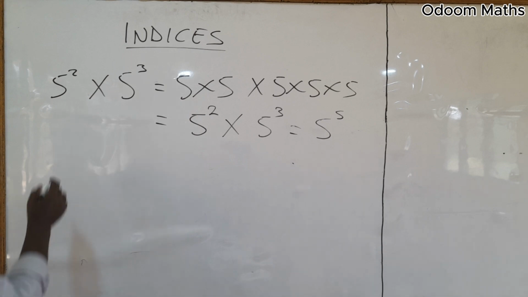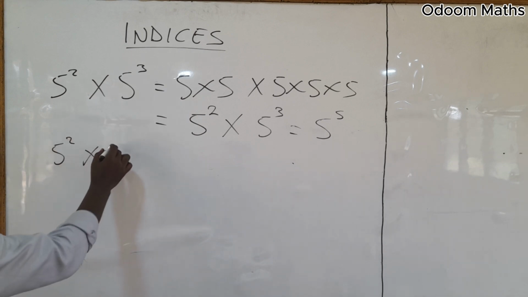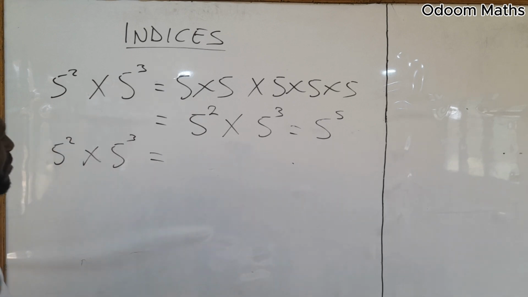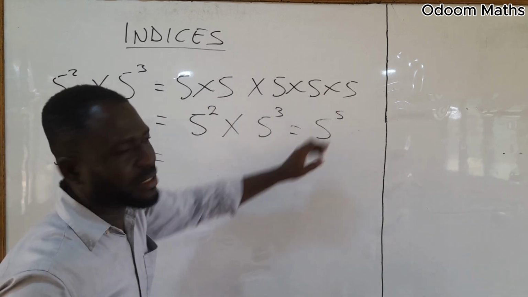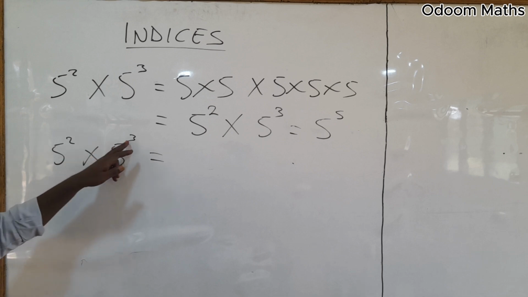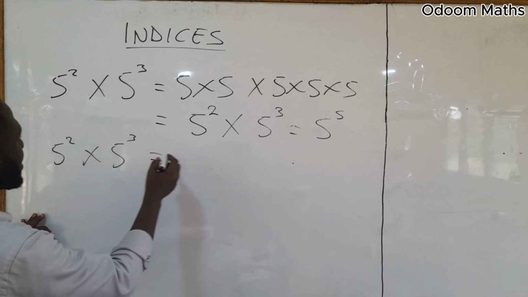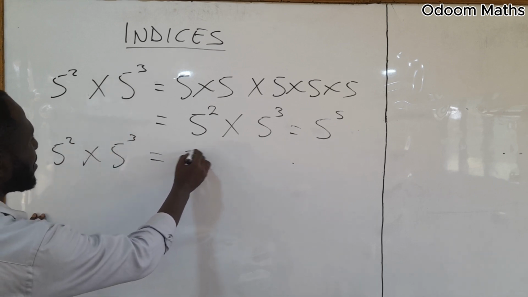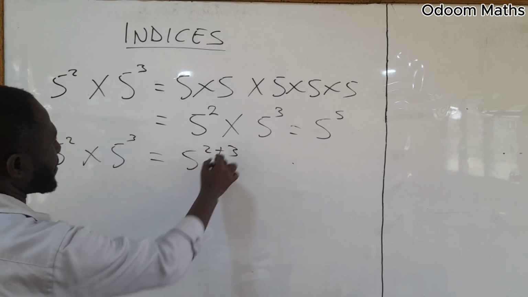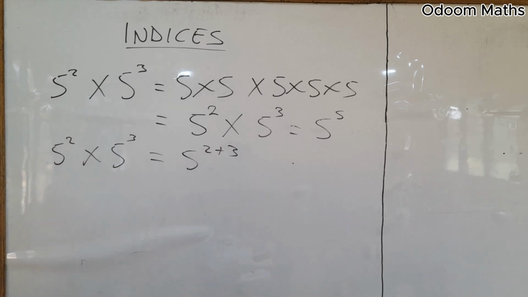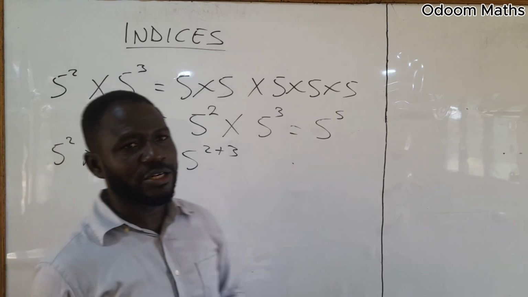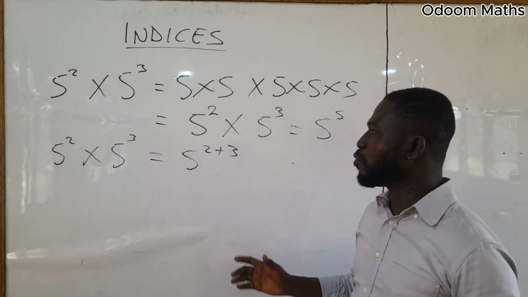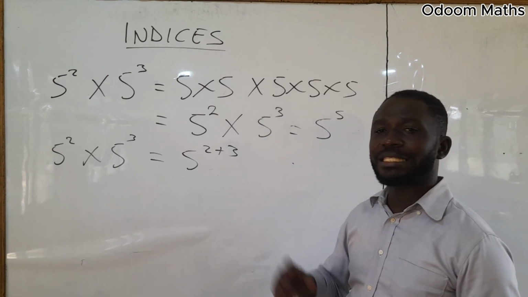Now somebody can also say 5 to the power 2 times 5 to the power 3, instead of expanding and counting everything, and this is also going to give us the same thing. The person can say, why don't we add the powers? That is 5 to the power 2 plus 3. So when you are given numbers to multiply and they are of the same base, we just add the powers.